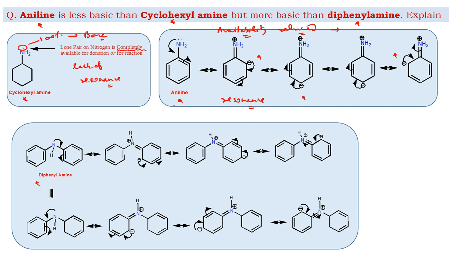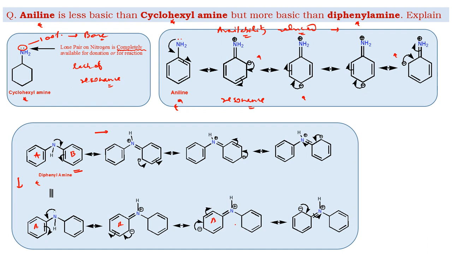But suppose you are comparing aniline with diphenylamine. For the sake of understanding, I am giving the notations A and B for the two rings. You are seeing the lone pair on a nitrogen can be delocalized over either the B ring in this direction or the A ring in this direction.